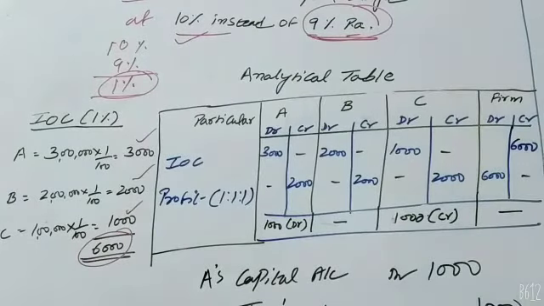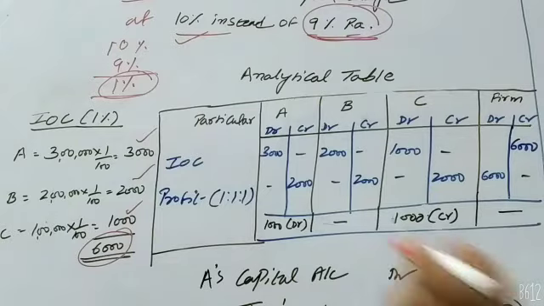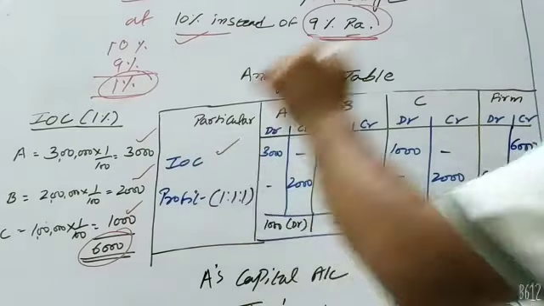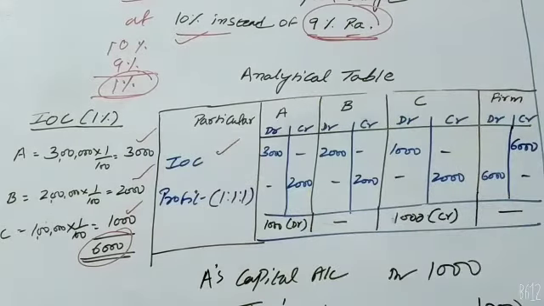Now here, as we have charged more interest on capital, so 1% interest on capital has to be written back. So here we have written interest on capital as we are withdrawing the extra interest on capital which we have charged, that is 1%. So the interest on capital will be debited.